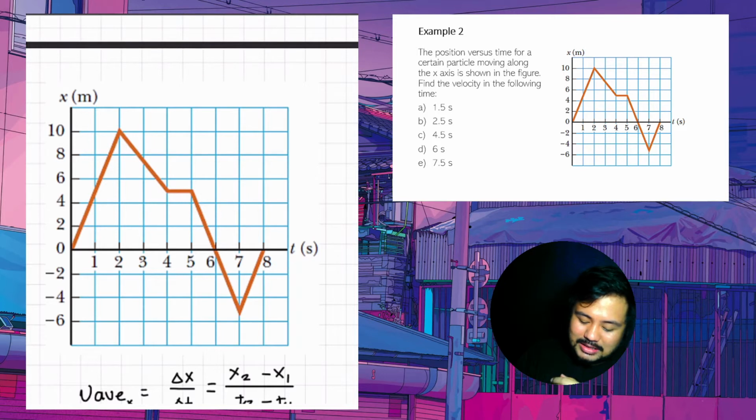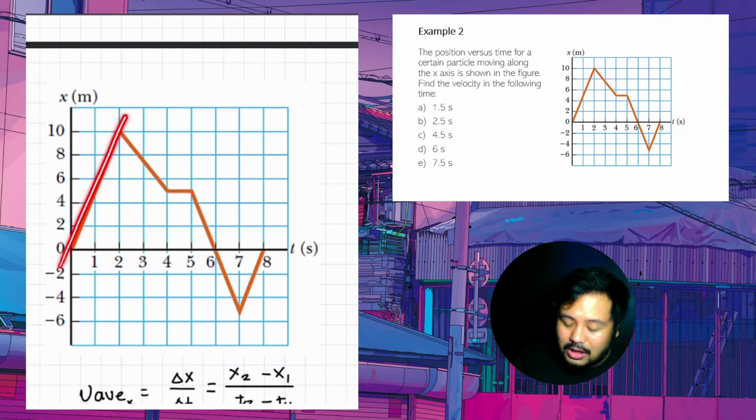Because these are just straight lines. Okay? Straight lines, meaning to say, the slope at any point, let's say for example, from 0 to 2 seconds, the slope at that time interval will just be the same. Whether you are at 0 seconds, 0.5 seconds, 1.5, or 1.8, the slope will always be the same.